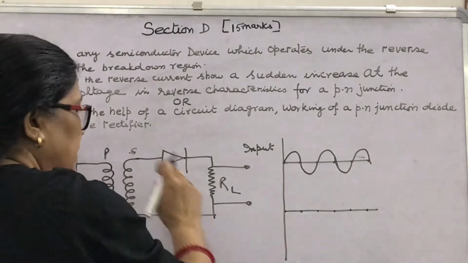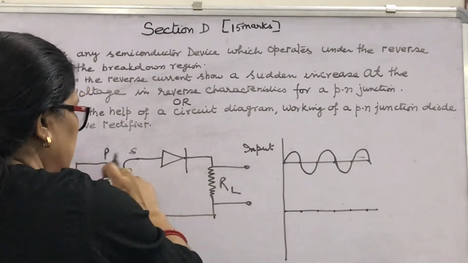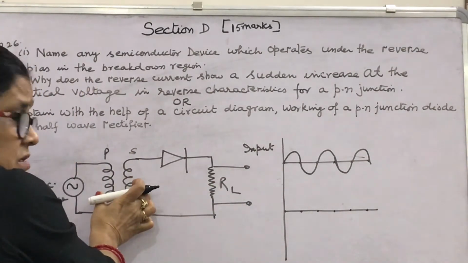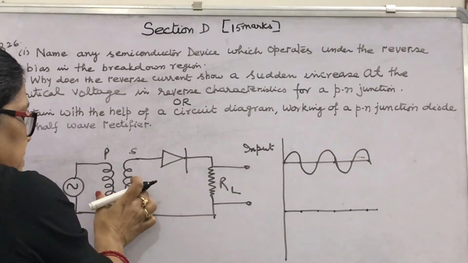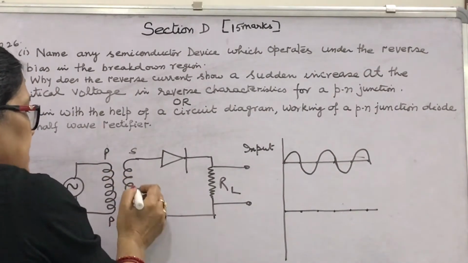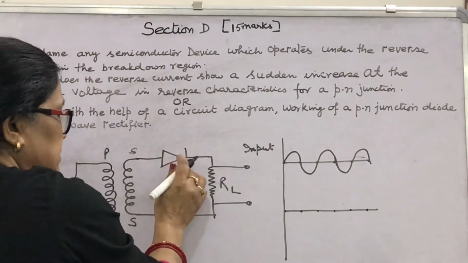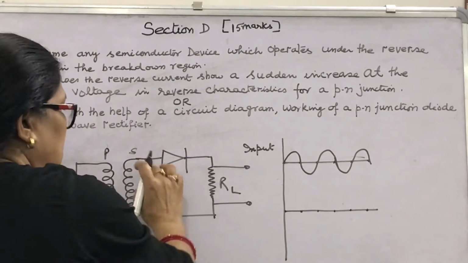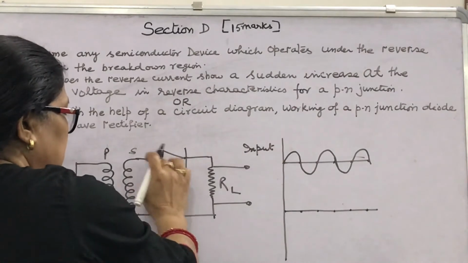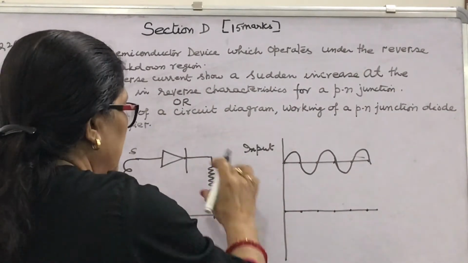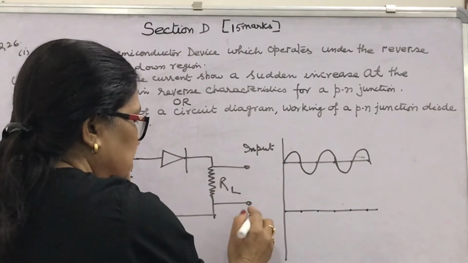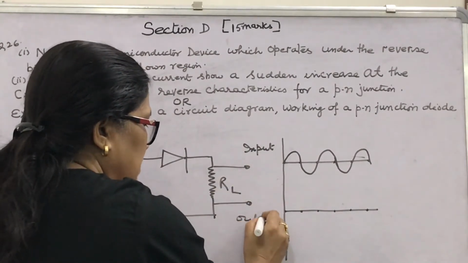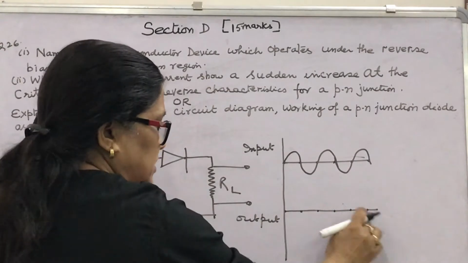At the secondary coil, the input appears due to mutual induction; the transformer works on the principle of mutual induction. The PN junction is attached with the secondary coil, and you get the output across the load resistance. I am showing how the output is obtained across this line.